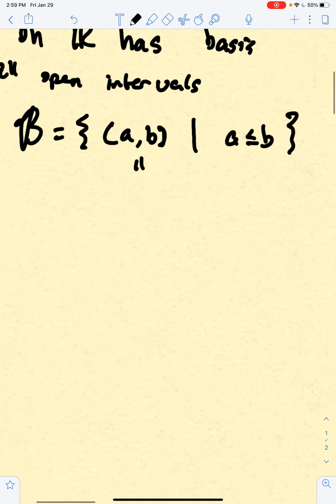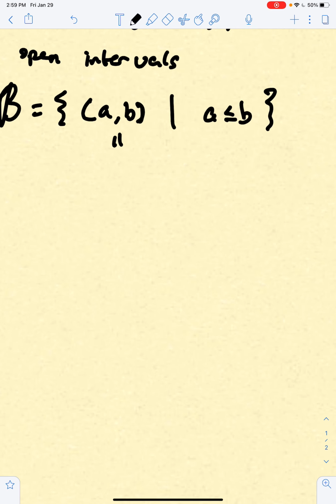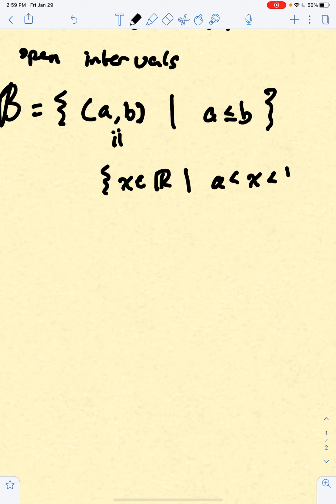Just to be precise, this set consists of all reals x such that x is strictly between a and b.